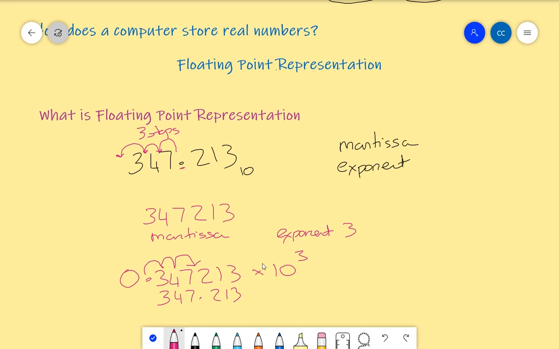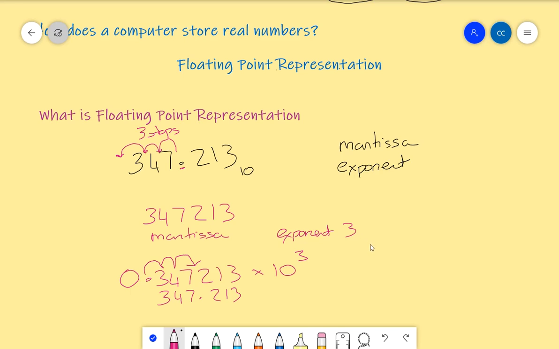So that's essentially how a computer system handles real numbers. It uses this floating point representation to split the number into two parts, a mantissa and an exponent. It does not store the decimal point. It stores the number with the decimal point removed and how many places the decimal point has moved by to remove it, so that it can be put back in when it's needed.